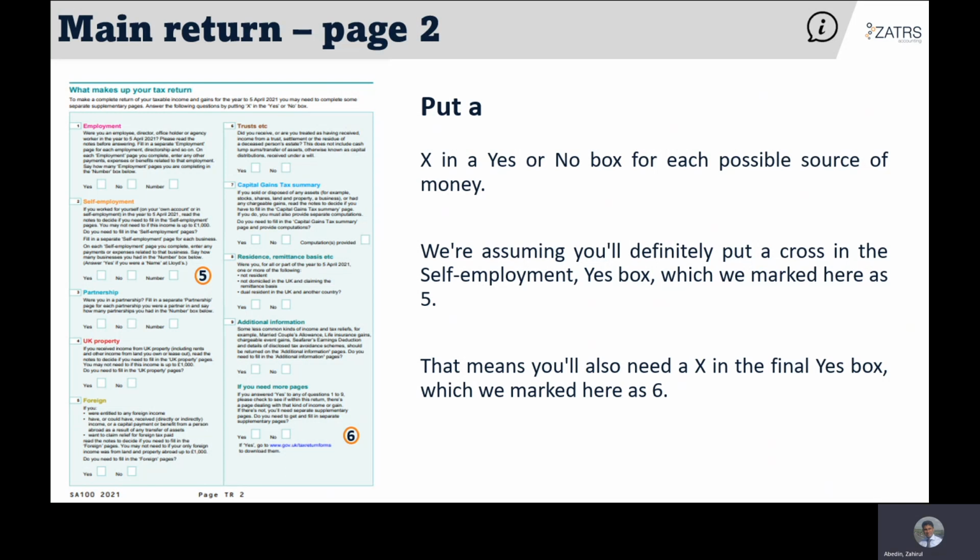Because we have got supplementary pages, we put a cross in the very last box on the page towards the bottom right. In our example, we put a cross in the no box for everything else. But just check if you have got income from other sources, and particularly an obvious one would be part-time employment, then you need to put a cross in the yes box for those other sources of income as well.